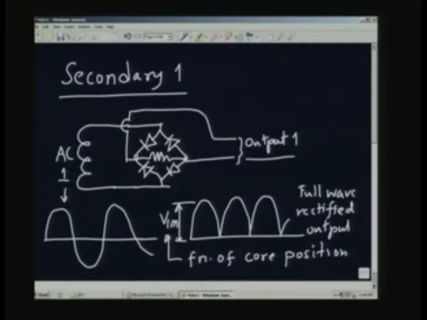So if you look at this, if the AC wave is coming here, if this is positive with respect to this, this diode will conduct, this diode will conduct, so the signal will pass through like that. Okay. If this becomes negative and this becomes positive, the other 2 diodes are going to do the conduction. So that is why the output is going to appear for the first half cycle.